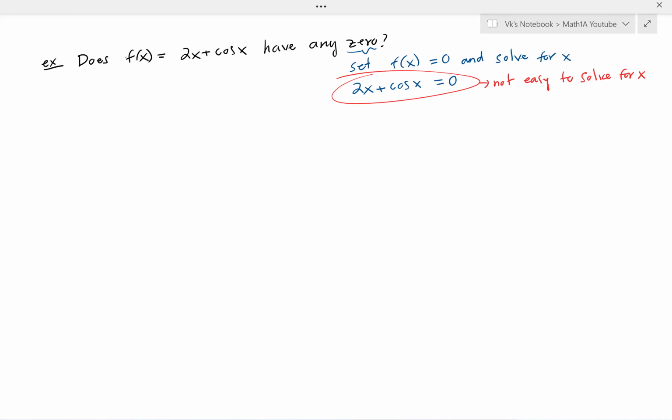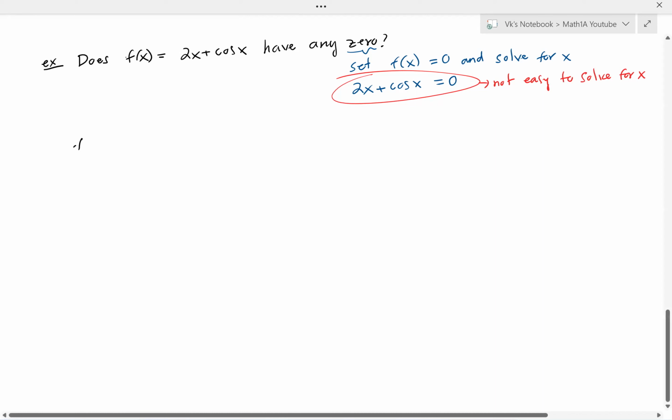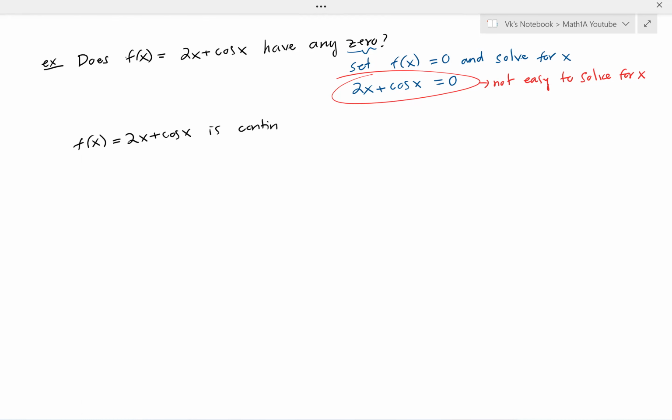2x is continuous everywhere. Same thing for cosine x. So when we take 2x plus cosine x, the function is continuous everywhere. Next, we just have to pick a number so that the output is negative and another number so that the output is positive. f of negative pi over 2, right?